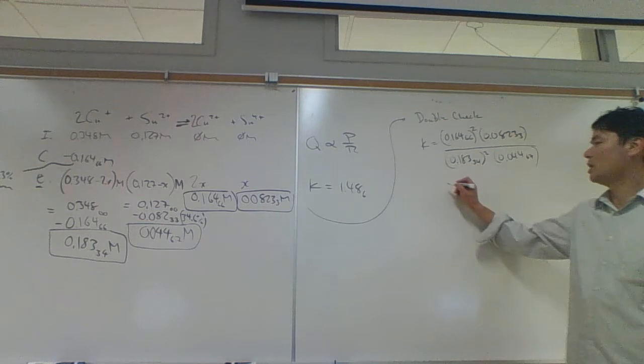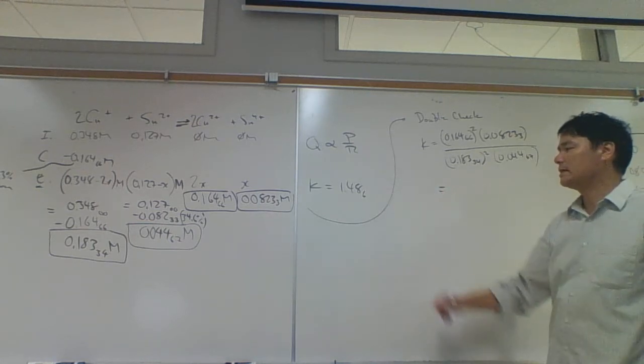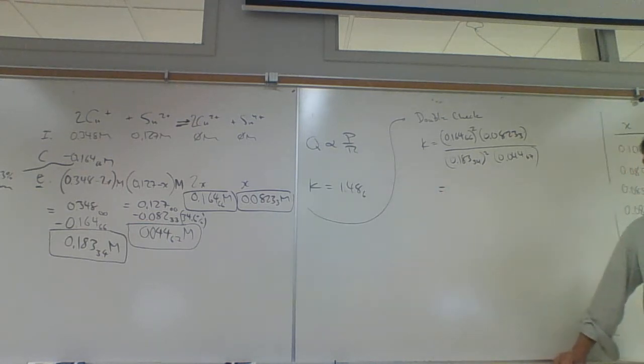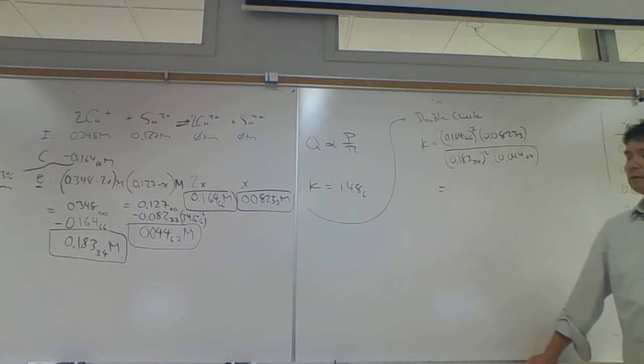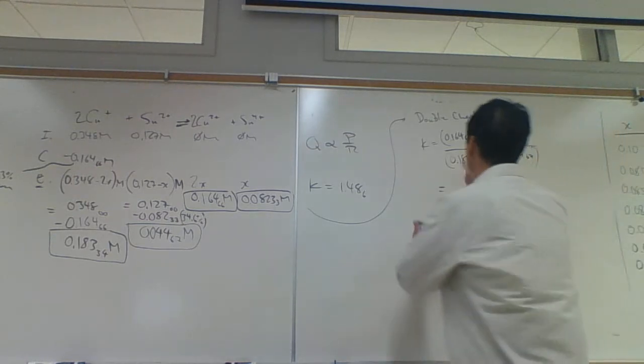When I do the double check it should equal 1.486, but if it doesn't, and it's off, it could mean one of two things. It could mean it's off because of round-off error, or it could mean that I made some other more serious error in my calculation or setup. And so let's go ahead and calculate this.